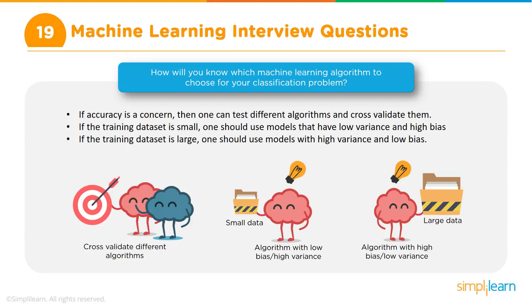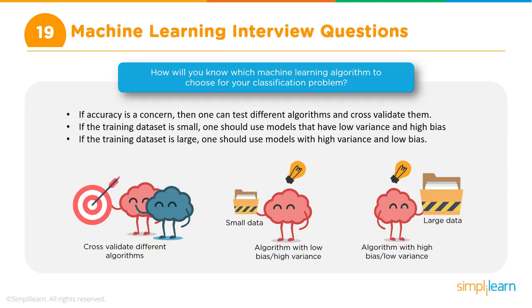For example, depending on the problem, you can say whether it is a classification problem or a regression problem. And in that sense, you are restricting yourself: if it is a classification problem, you can only apply a classification algorithm, right? To that extent, you can limit the number of algorithms.